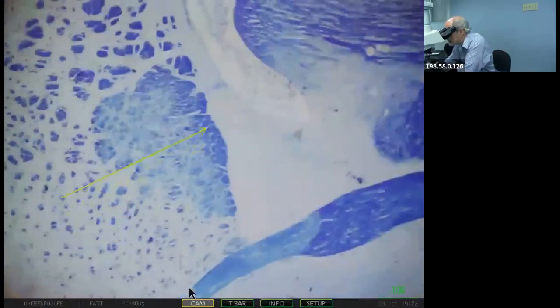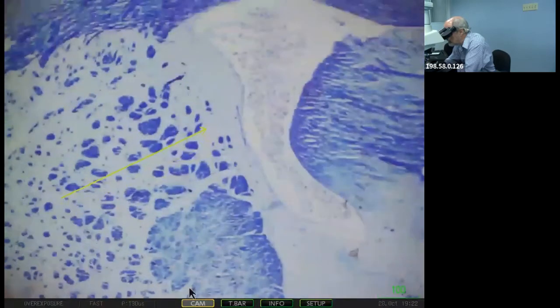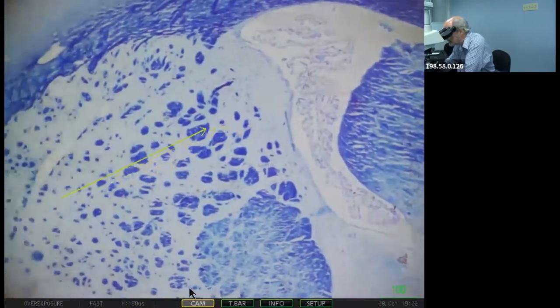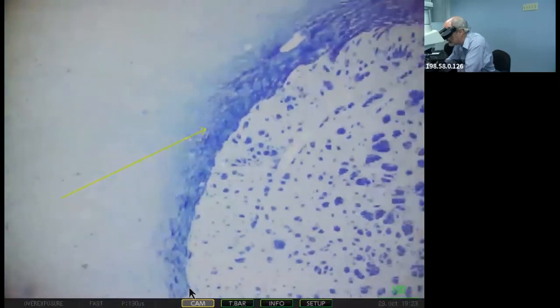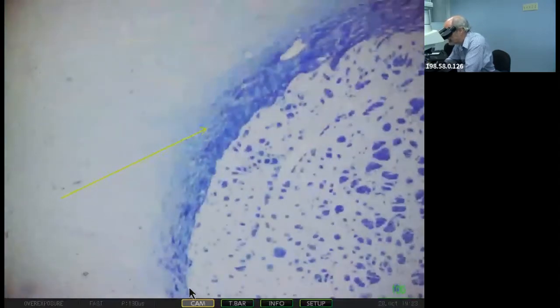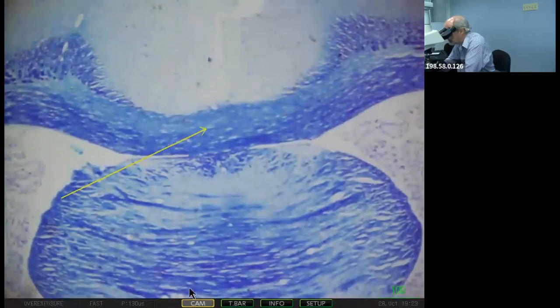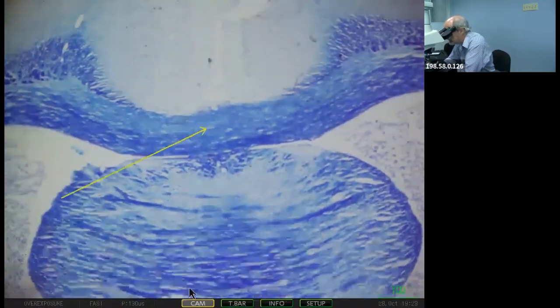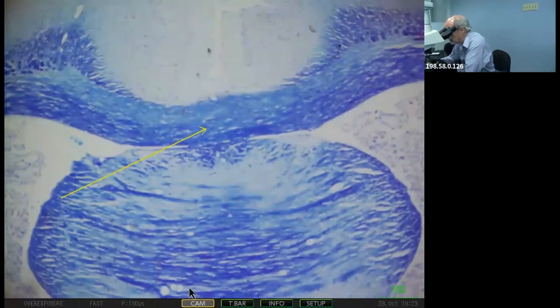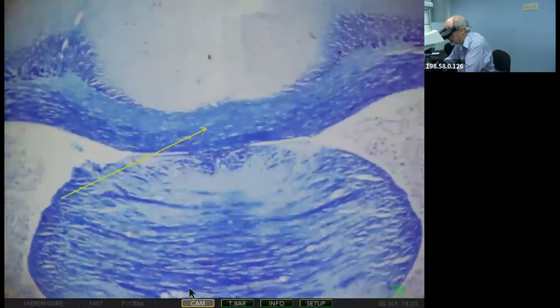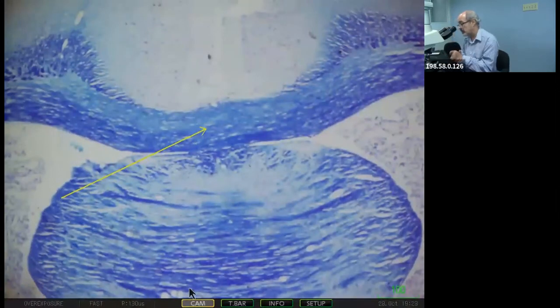Of course it's in the rat, so you don't have the same type of structure that you have in humans. But it shows you that you can use a particular method to stain whatever you want. Here you will stain your myelin sheath, and you see they are totally in blue.